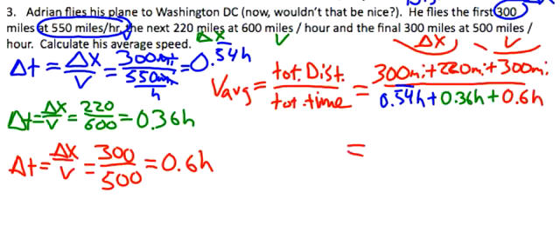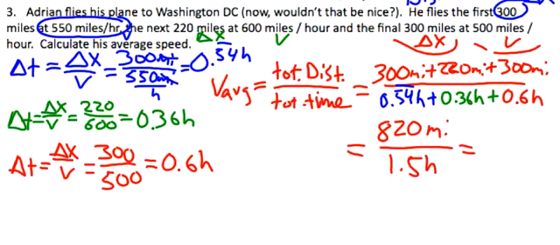I can put that in here too. So, adding up my distances, 300 plus 220, that's 520, plus 300 is 820 miles. The total time it took, I'll need a calculator for this, 0.54 plus 0.36 plus 0.6 should be 1.5 hours.